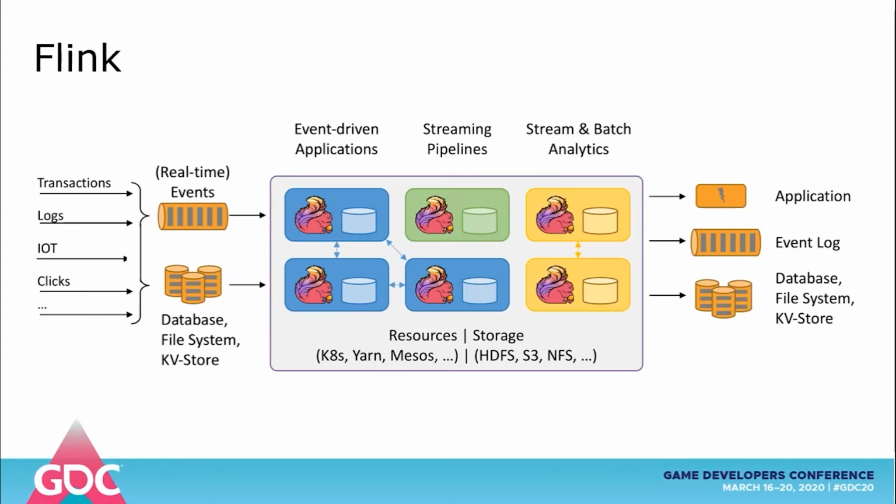What is Flink? Flink is a framework and distributed processing engine for stateful computations over unbounded and bounded data streams. Flink has been designed to run in all common cluster environments, perform computations at in-memory speed and at any scale.